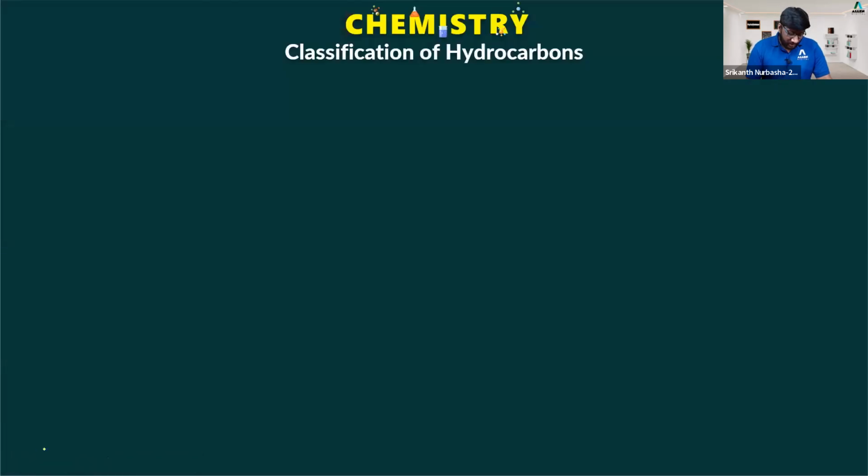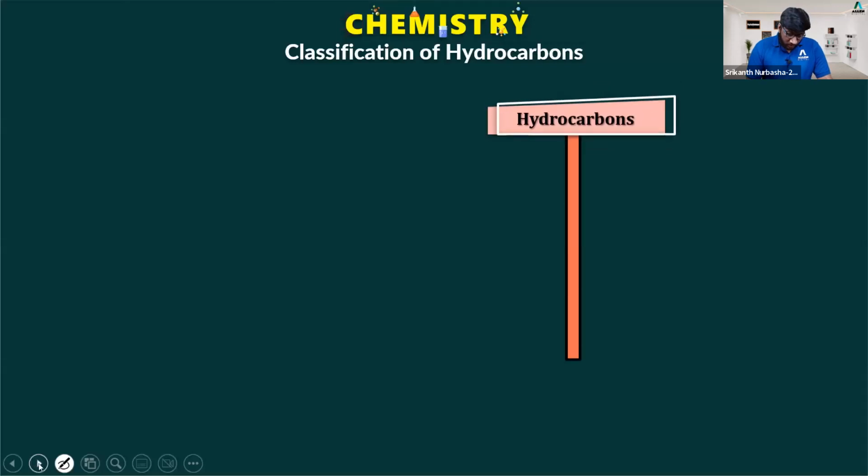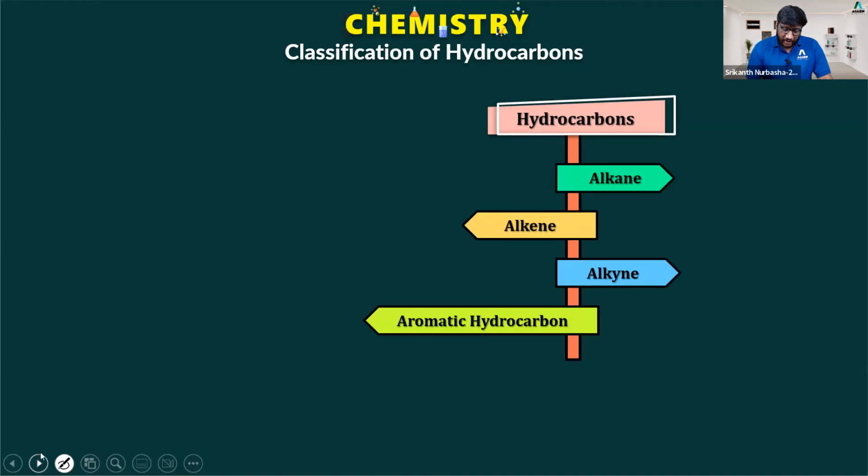So mainly our focus of study will be regarding the properties of those particular compounds: alkanes, alkenes, alkynes, and benzene. So hydrocarbons: alkanes, alkenes, alkynes, and aromatic hydrocarbon like benzene. We have studied nomenclature and isomerism for all types of compounds.